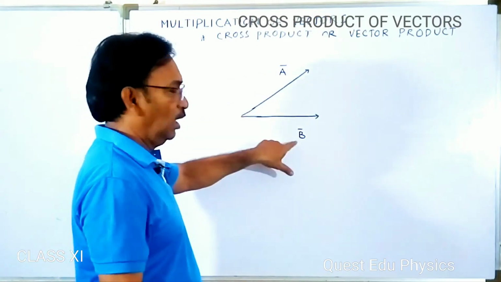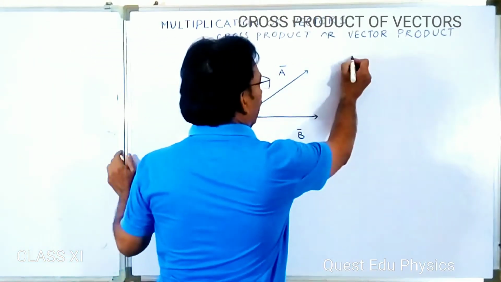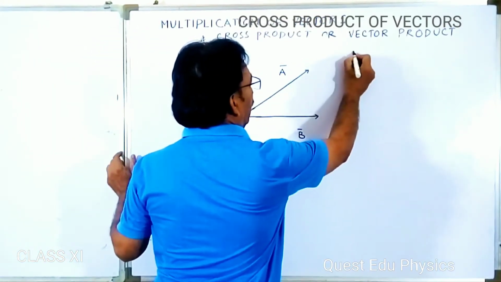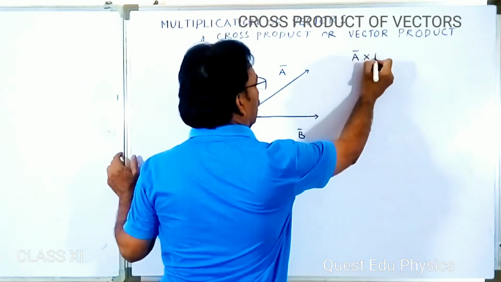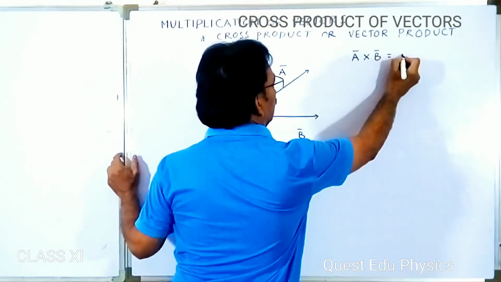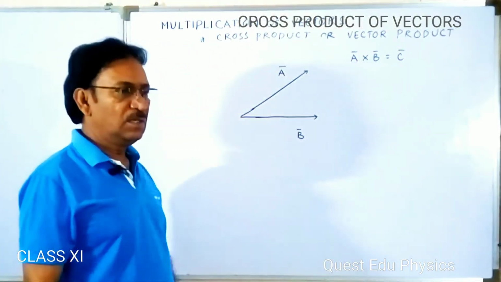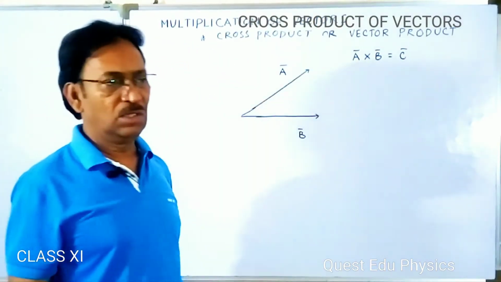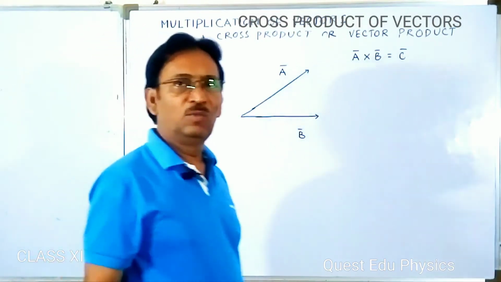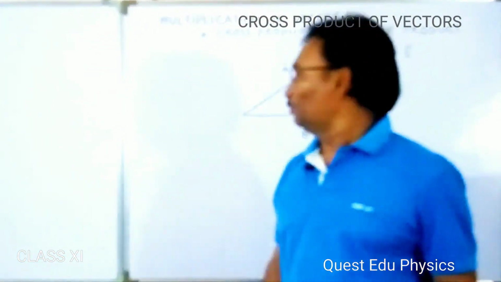If it is A bar and B bar, the vector multiplication A bar cross B bar is equal to C bar. It's simple. Simply we can write it as A bar cross B bar is equal to C bar.